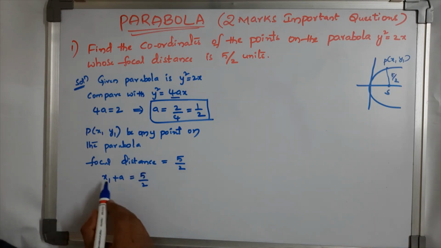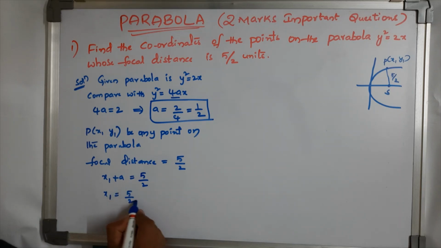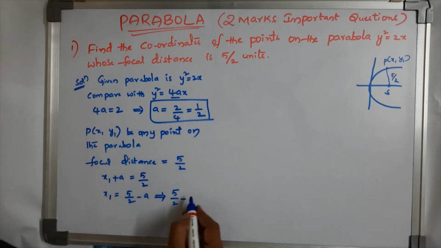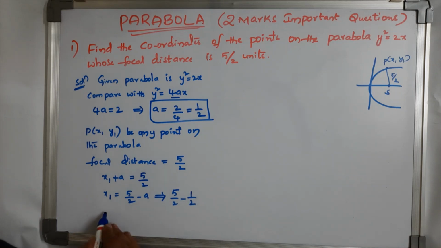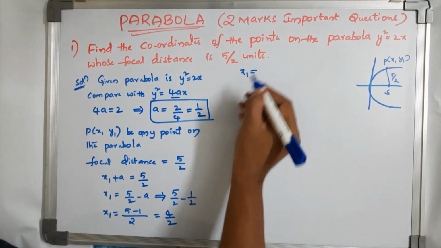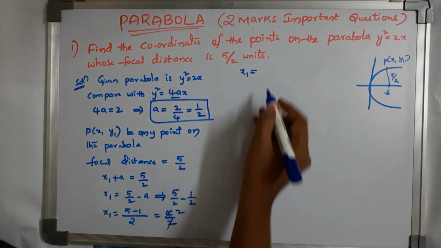As you can see, x1 is equals to 5/2 minus a. Right? That is 5/2 minus, you know what is the value of a? 1/2. So that you can get 5 minus 1, that is 4/2. So the value of x1 is 2.